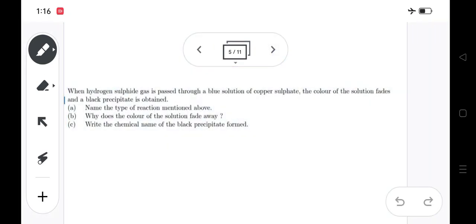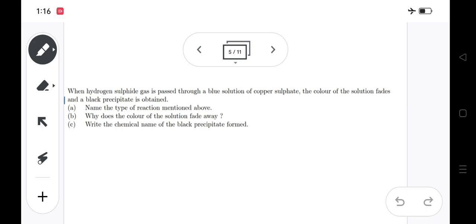Next one. When hydrogen sulfide gas is passed through the blue color solution of copper sulfate, the color of the solution fades and a black precipitate is formed. We already discussed one question based on this.